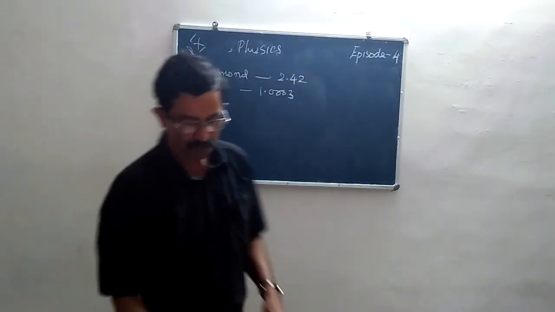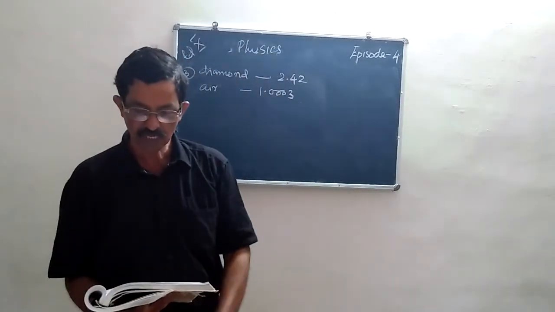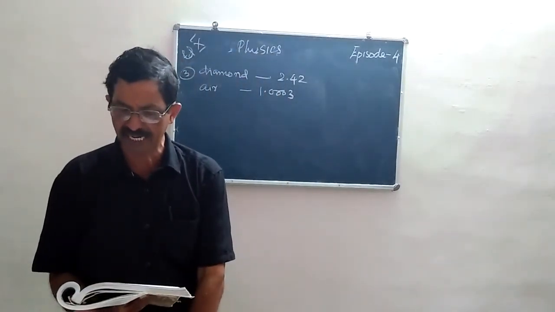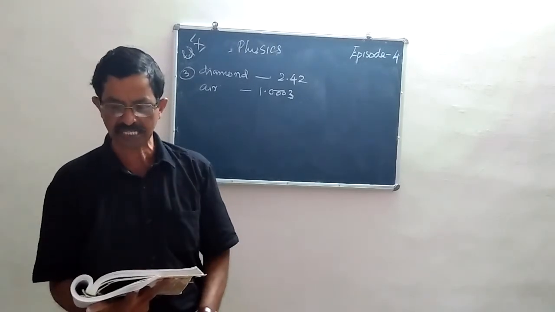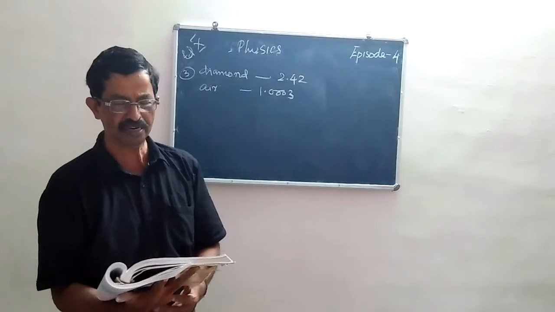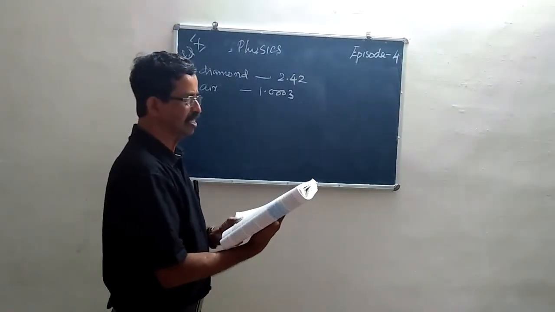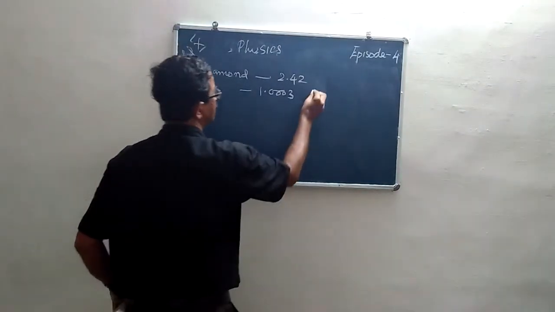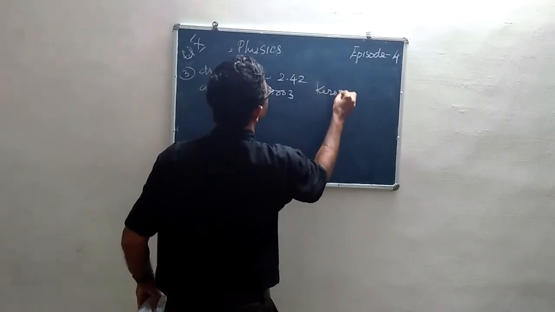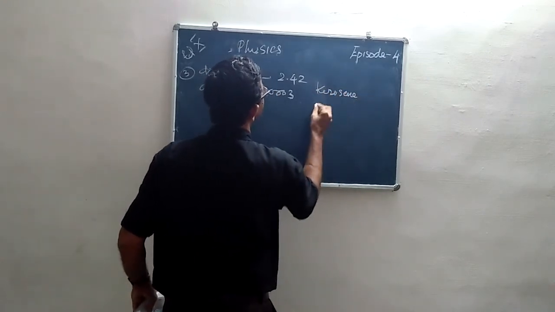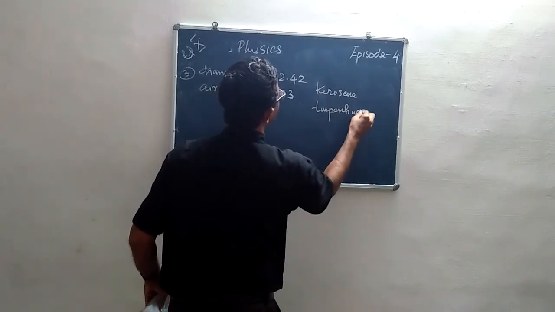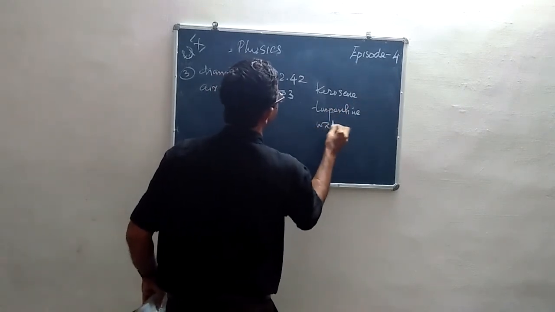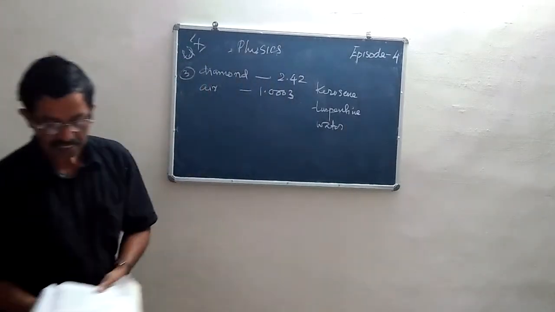And now the fourth one. You are given kerosene, turpentine and water. In which of these does light travel fastest? Use the information given. These are the three things given.